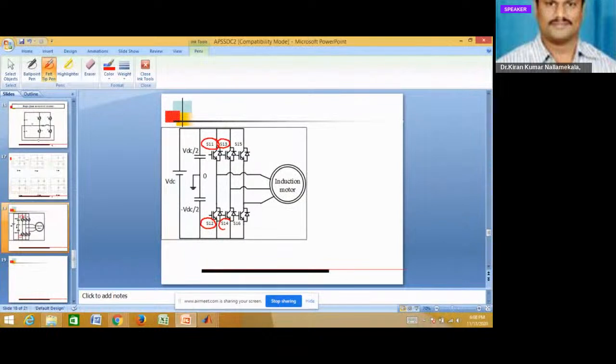S13 and S14 are forming another phase. S15 and S16 are forming the C phase. So this is A phase, this is B phase, and C phase.